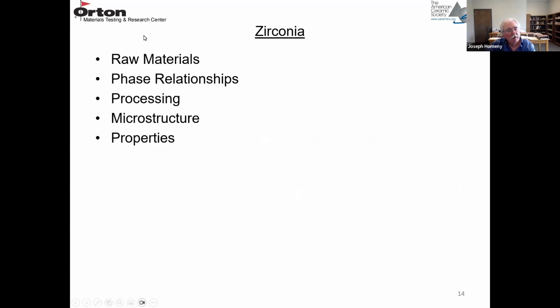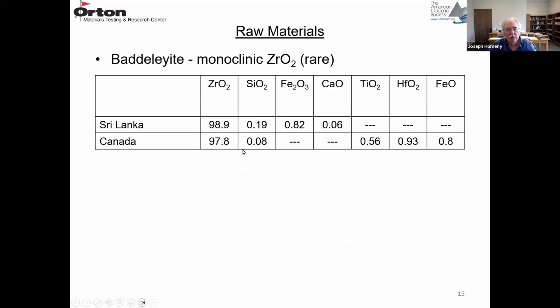Zirconia will follow the same pattern here: the raw materials, the phase diagrams, how these materials are made, and what their microstructures and properties look like. So the raw material for zirconia is baddeleyite. It's in the monoclinic form, and the material is rare, so it's not a viable source of zirconia.